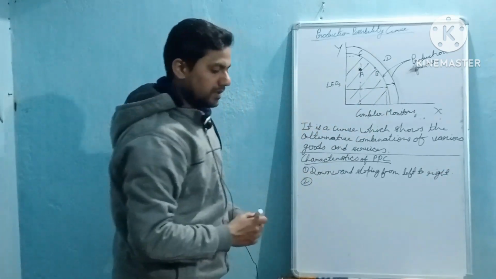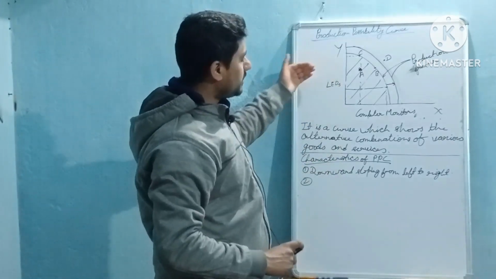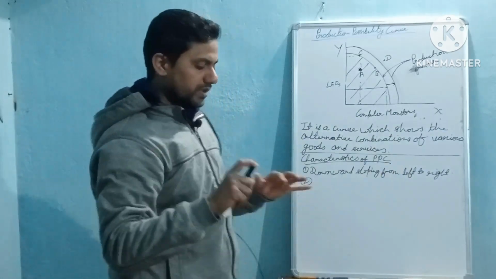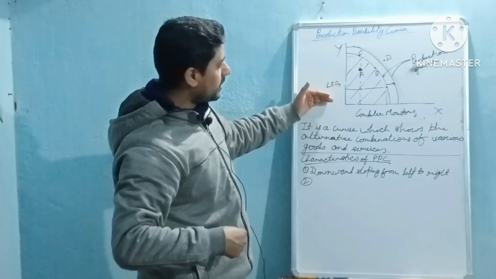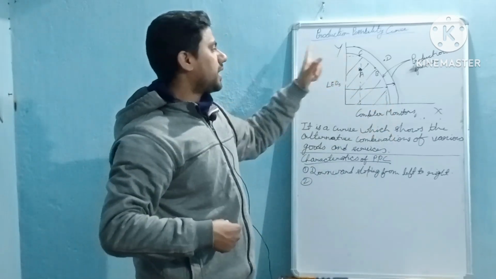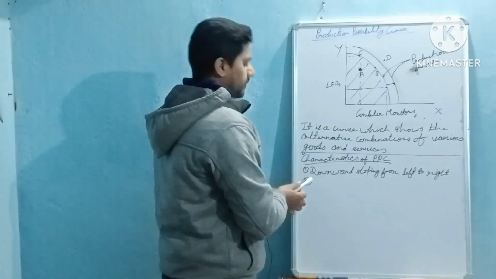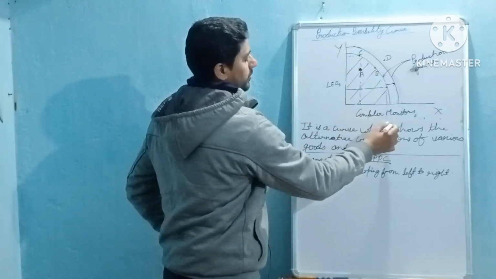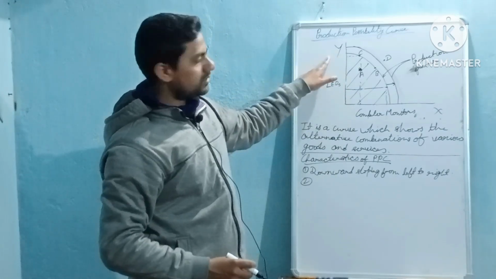Then the second. So what does it imply? Here it is a downward slope. When we go from left to right, why does it slope down? It implies that if we want to increase one kind of good, we have to decrease the other kind of good. For example, in the beginning you see here fewer computer monitors are produced and a greater number of LEDs are produced.